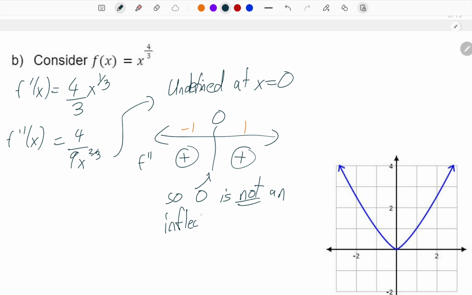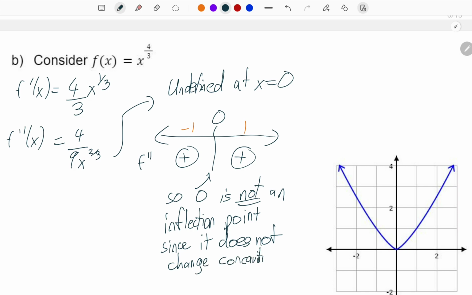So this is why it's important to double check. Because in both cases, we had x equal to 0 not defined. But the inflection point did not exist in both ones. And yeah, in this case, since it does not change concavity. All right, and yeah, we can see here the graph, it's not the most obvious, but it's a slight U shape.